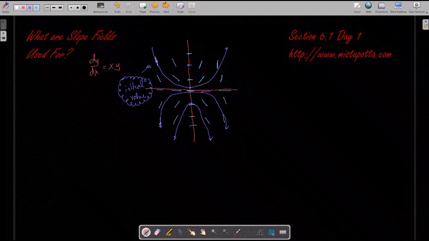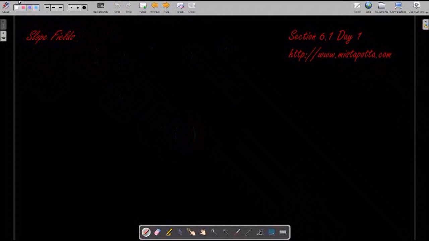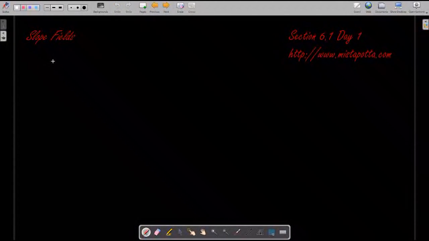The key thing here is that I can do slope fields for relations. So let's go ahead and take a look at this, where I've got dy/dx equals x plus y minus 1. So it's not really a multiplication situation here. It's a pretty straightforward summation.